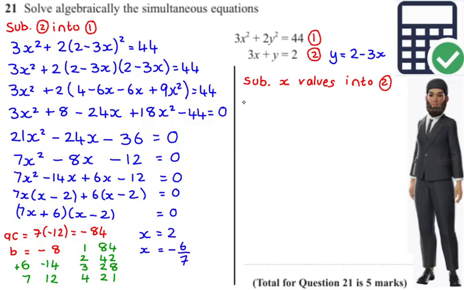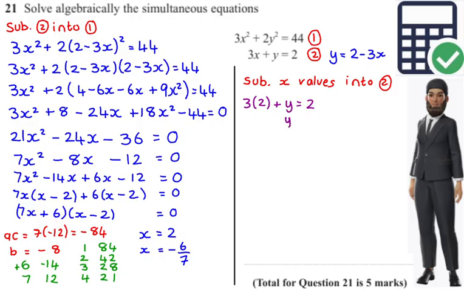So we should get 3 times 2, that's the first x value, and then plus y is equal to 2.